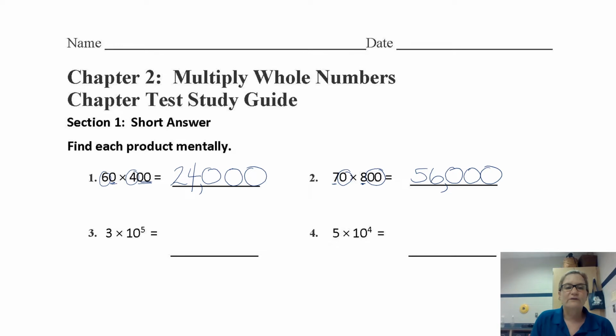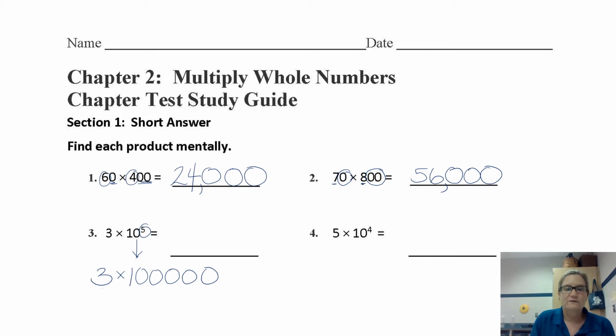Okay, number 3. We're going to convert this to an actual number in our head. 10 to the 5th power is a 1 with 5 zeros. So this would be what the problem is. Any power of 10 is a 1 with the exponent being the number of zeros it has.